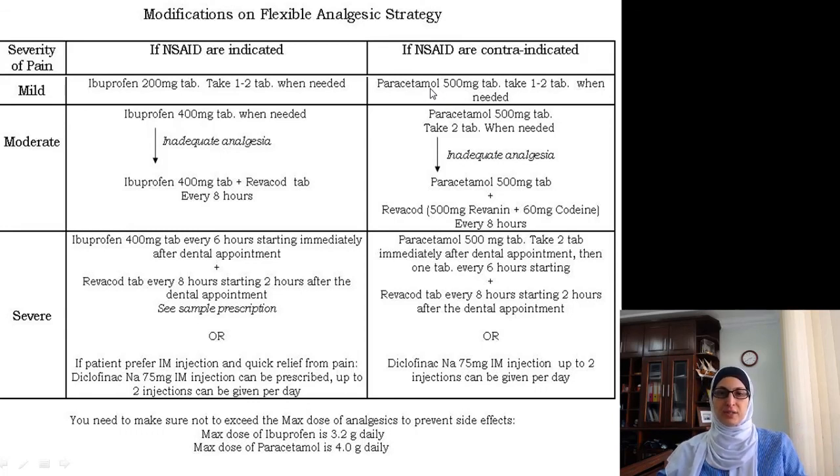Paracetamol is the British version, and in the US they do not know paracetamol, they call it acetaminophen, so it's the same. And for moderate pain, you can increase the dose of Profen. Sometimes you can combine Profen with other medication. Rivacod is a combination of paracetamol and codeine, so this would even add opioids to the analgesia.